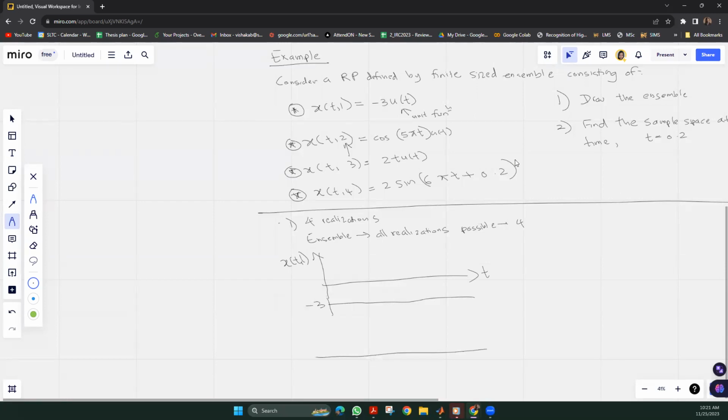Secondly, we draw this cos function with respect to t, x2(t), and its value is changing based on a cos function, and the frequency of the signal depends on pi.